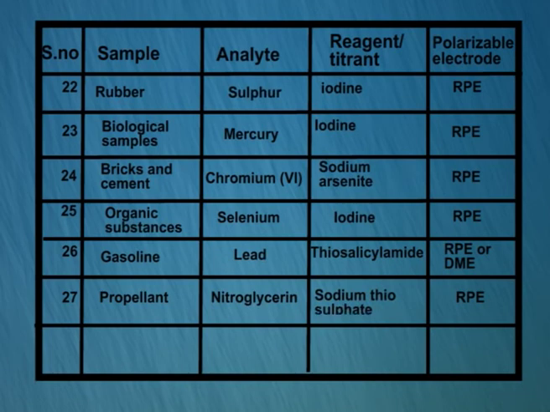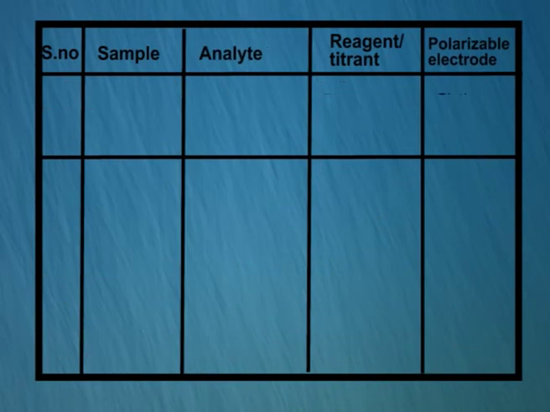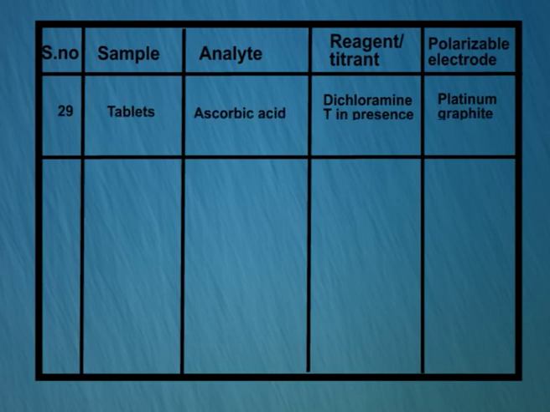Reagent is sodium thiosulfate and electrode is RPE. Twenty-eighth, sample is radiopharmaceuticals. Analyte is technetium. Reagent is tin and electrode is RPE. Twenty-ninth, samples are tablet. Analyte, ascorbic acid. Reagent is dichloramine T in presence of potassium iodide and electrode is platinum graphite.